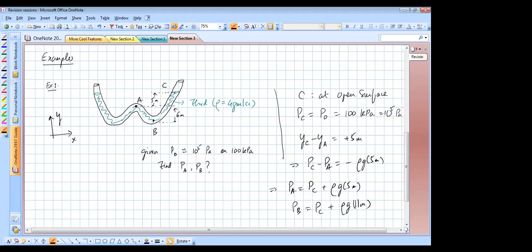Okay. So from this, you'll be able to calculate the pressure differences. So just work this out numerically.